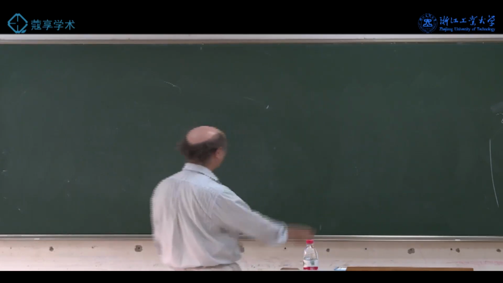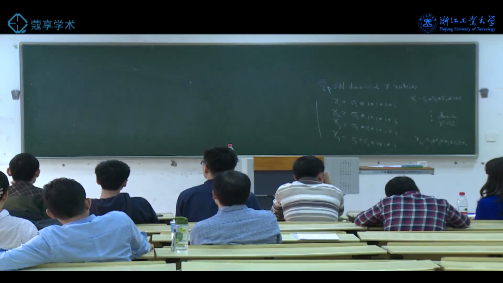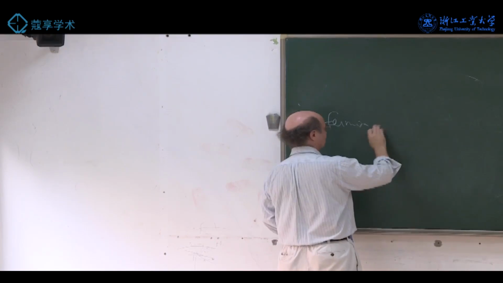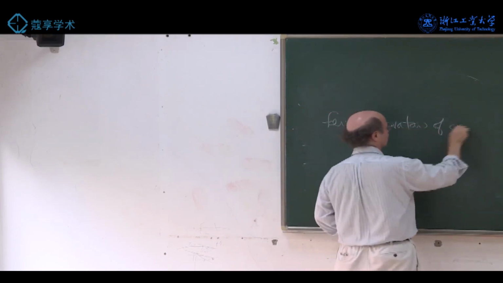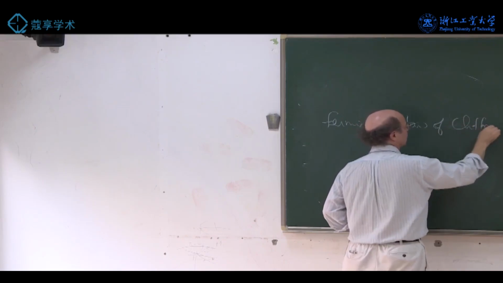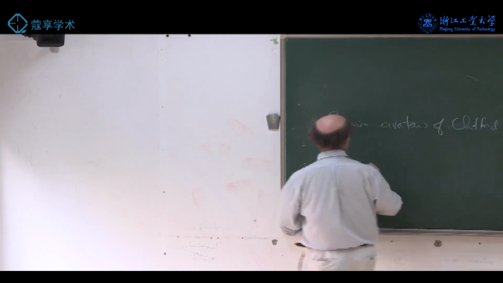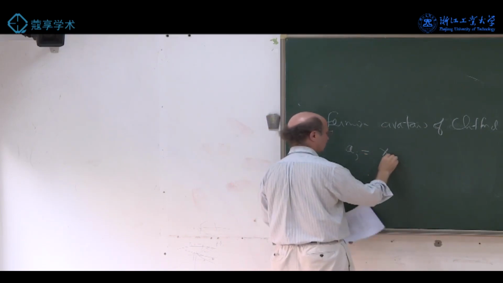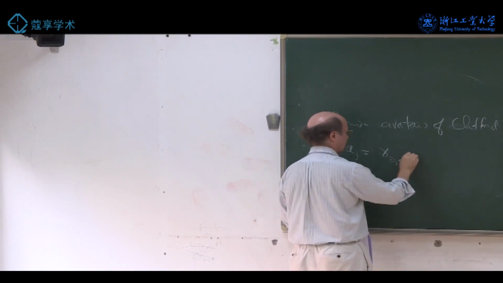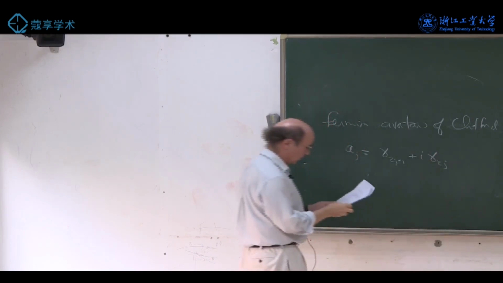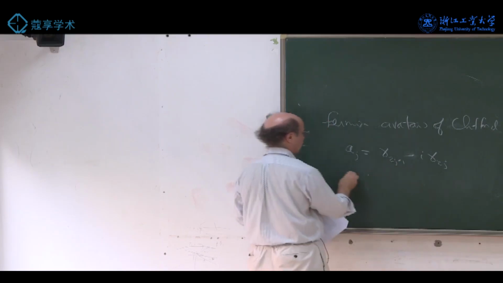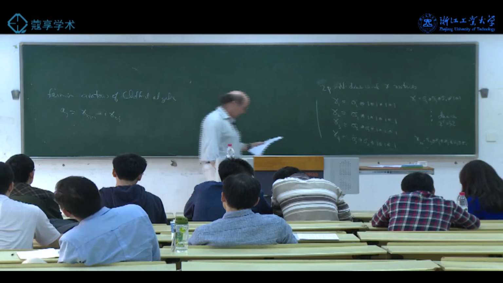Before this very long but useful digression, we were talking about the fermion avatars of the Clifford algebra, which were these A_j equals gamma_{2j-1} plus i gamma_{2j}, and A_j dagger equals its Hermitian conjugate, with a minus.